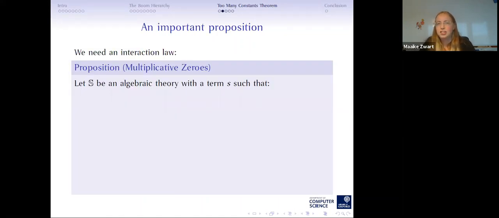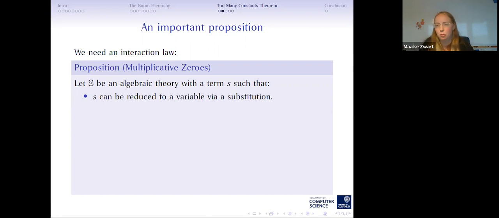And the proposition is about the interaction law. I'm going to show you when things behave kind of like a multiplicative zero. So I'm going to ask one algebraic theory to have a term that can be reduced to a variable via substitution.